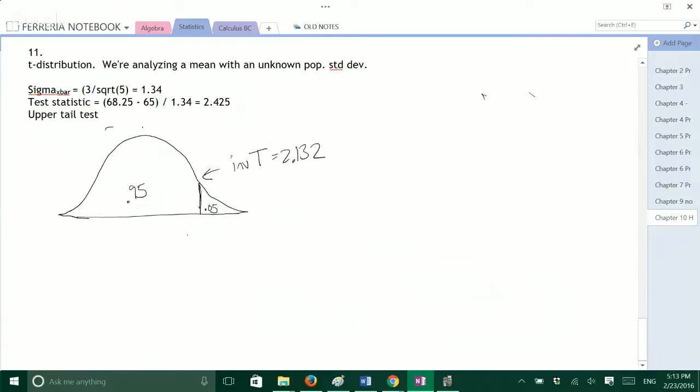No, upper tail. So we're going to reject the null hypothesis if the test statistic is greater than 2.132.